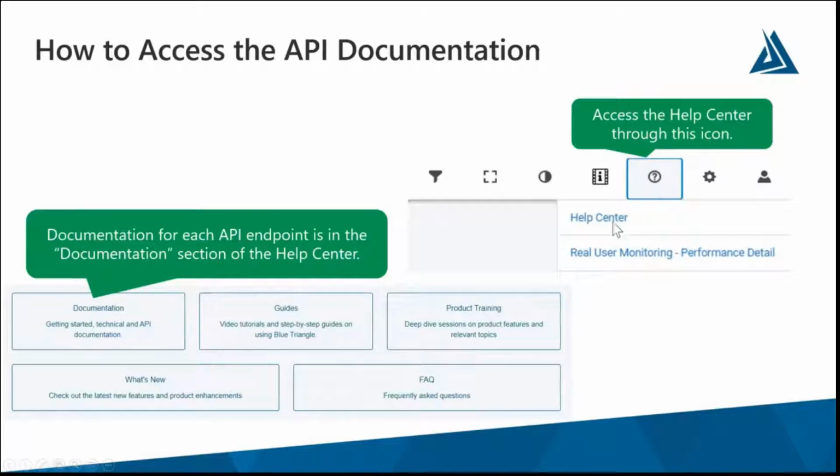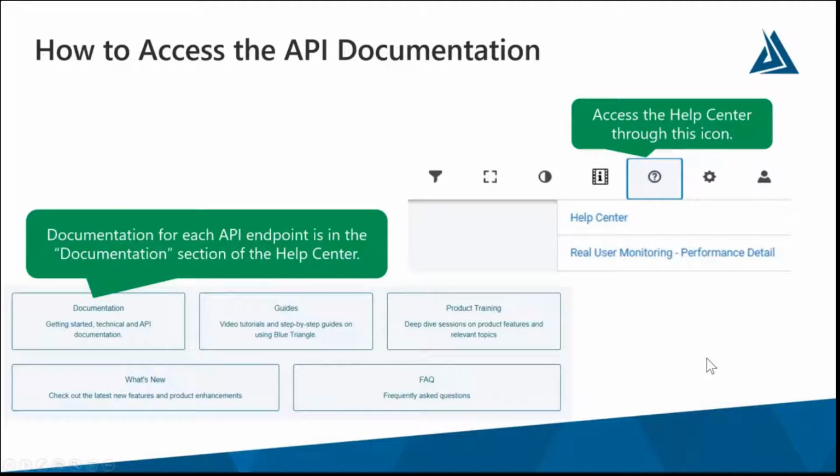If you click that and then Help Center, you'll be taken to our Help Center. And like I mentioned, you just click this documentation button, and you'll see a section in there for the API documentation. Each individual article in there represents each of our API endpoints.